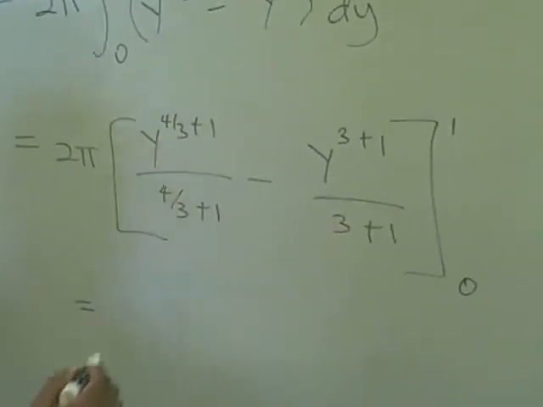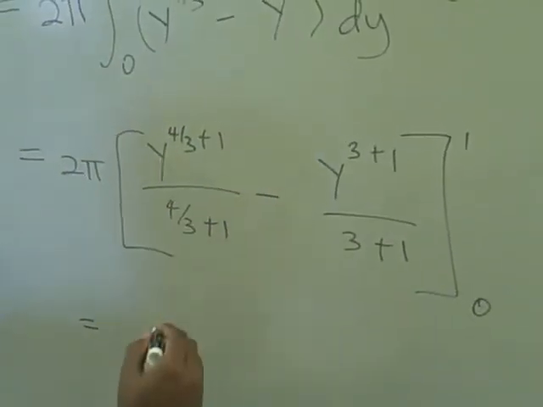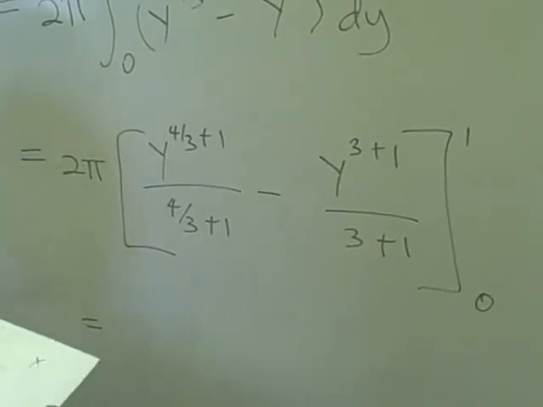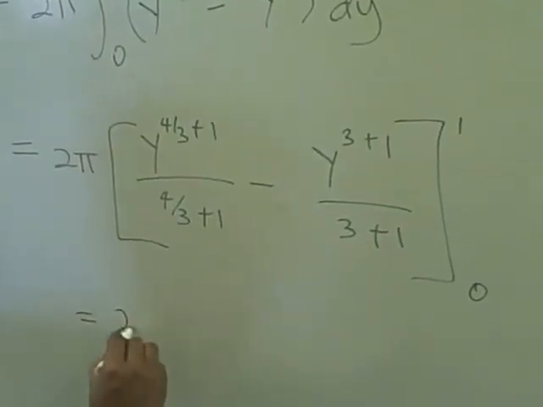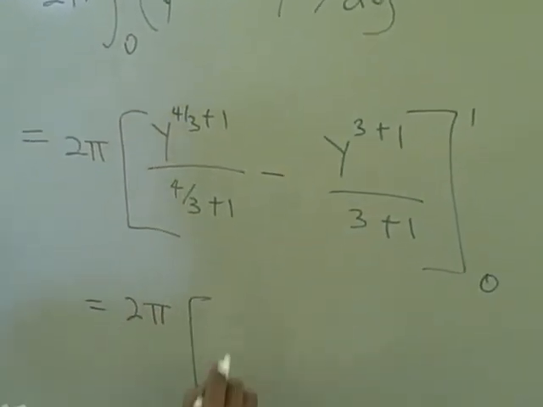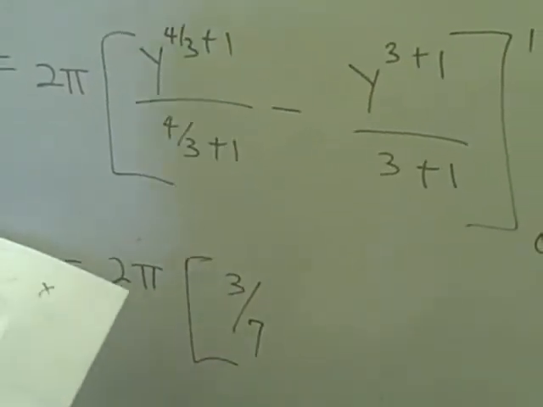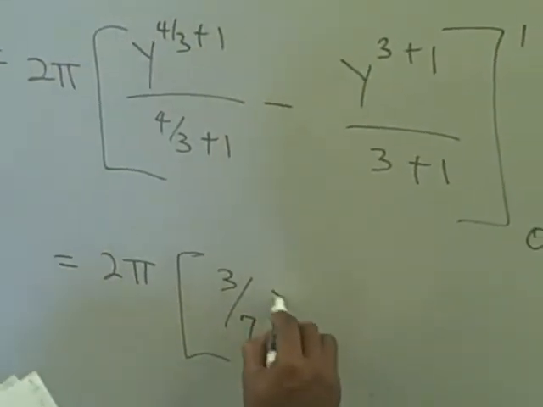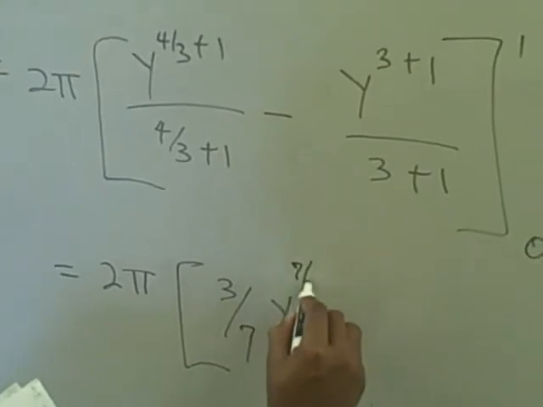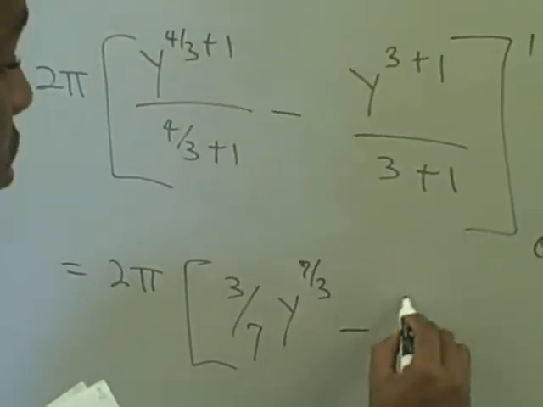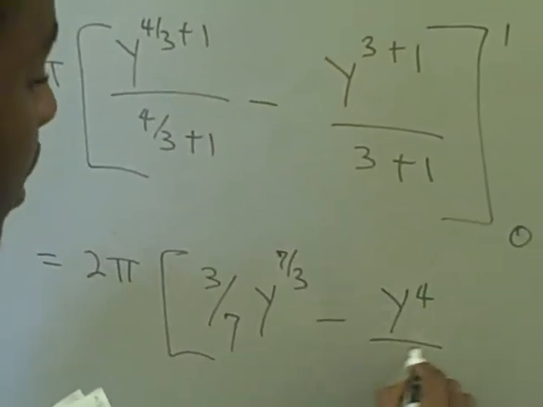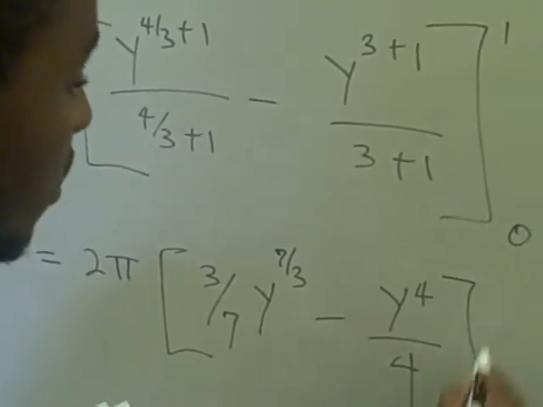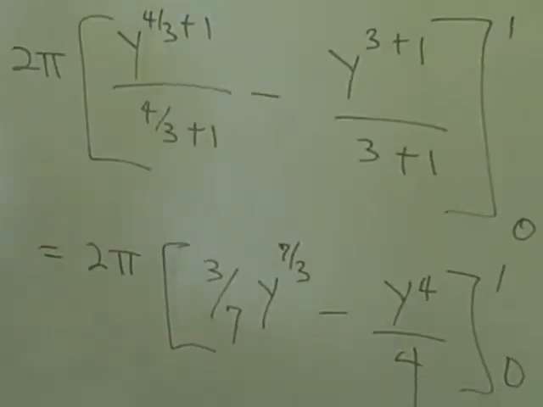So this equals, if you do this, you're going to get 2 pi times 3/7 times y to the 7/3 minus y to the 4 divided by 4, from 0 to 1.